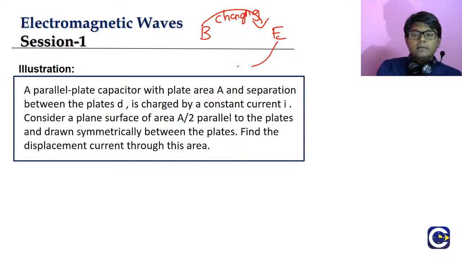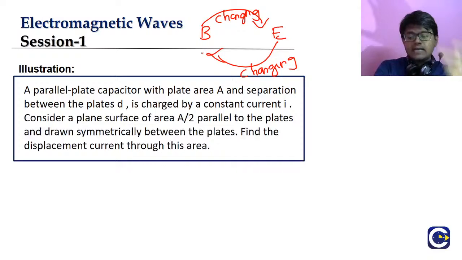Here, through the displacement current concept, we understand the other part of the story: how a changing electric field can give rise to a magnetic field. This is practically observed, but we are able to quantify it using the idea of displacement current. Now we'll quickly solve this question, and then we will understand displacement current a little bit more.